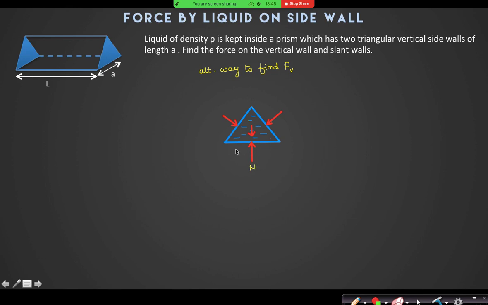This is N, this is R, this is F, and this is F. And this is W. So this is the free body diagram of the liquid.